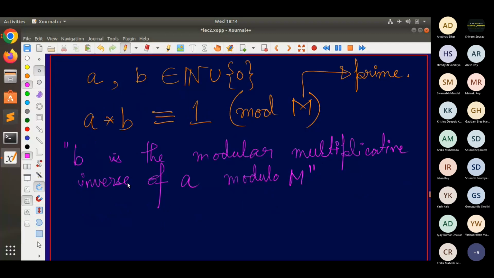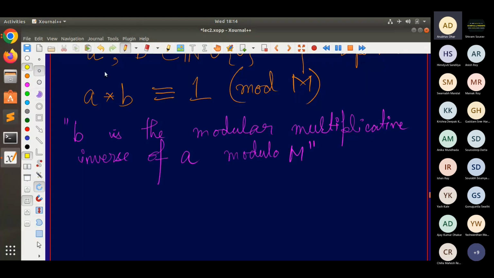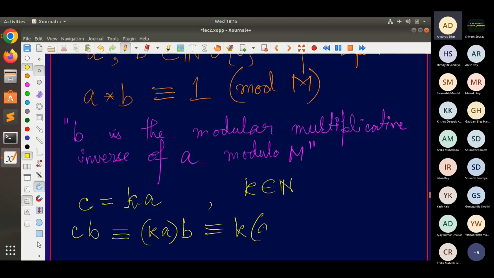Now what this means is that whenever you have some multiple of a, let's say c equal to some multiple k a, where a belongs to natural numbers, then if you multiply b with this c, you can actually get something which is congruent to k a b, which is congruent to k mod m, right?